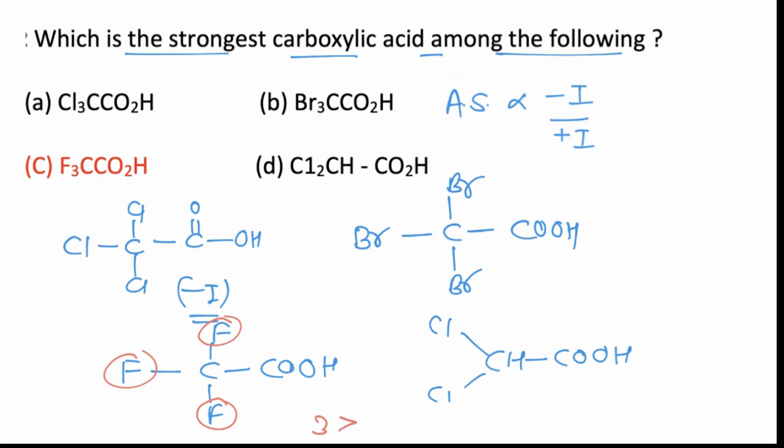Now Cl is less withdrawing compared to fluorine. So after 3, 1. Now out of 3 Br and 2 Cl, 3 Br withdraw more. So then 2, and fourth is least acidic, and hence the most acidic compound is trifluoroacetic acid, and hence the correct answer is C.